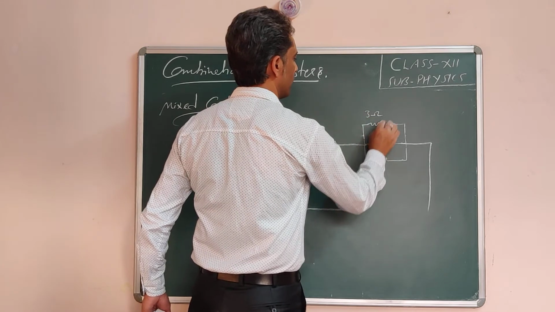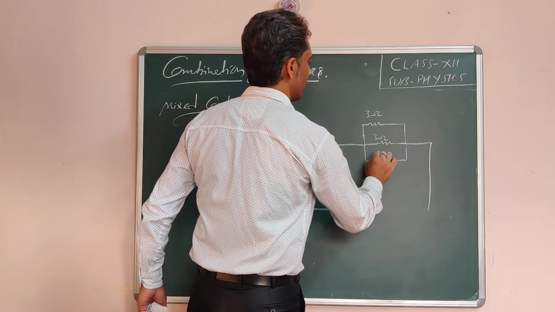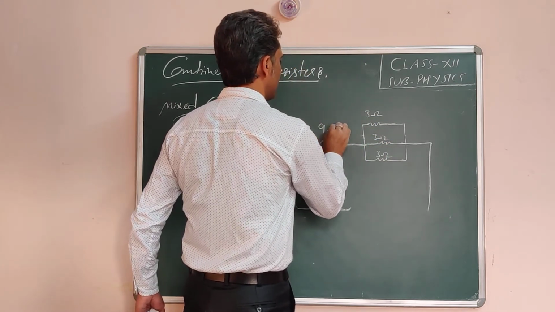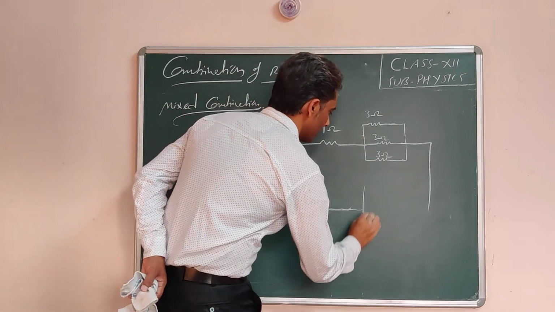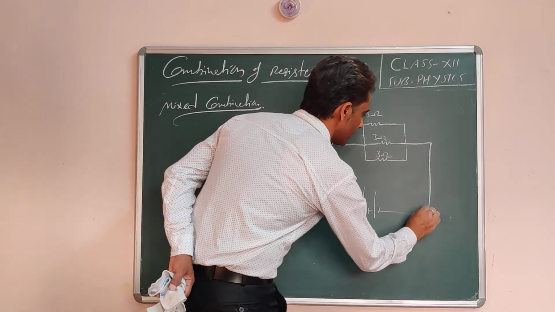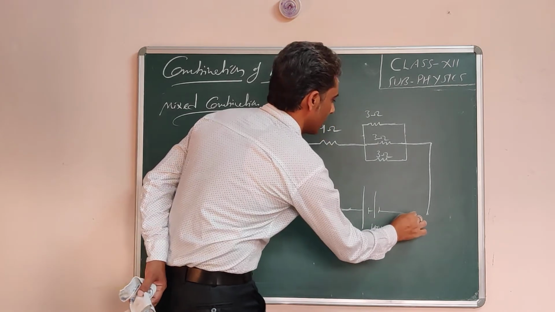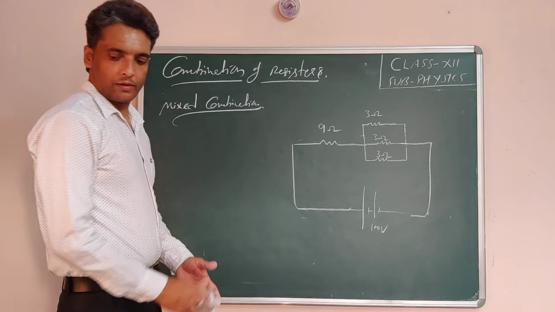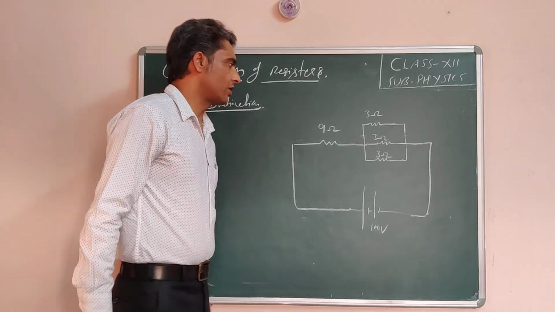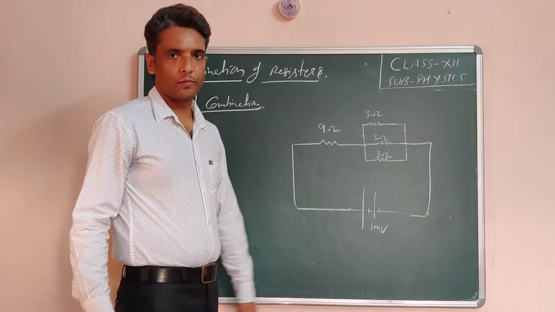Three resistors are of 3 ohm each, and this is of 9 ohm. Let the applied potential difference be 100 volt. And we have to find the potential difference across this 9 ohm.